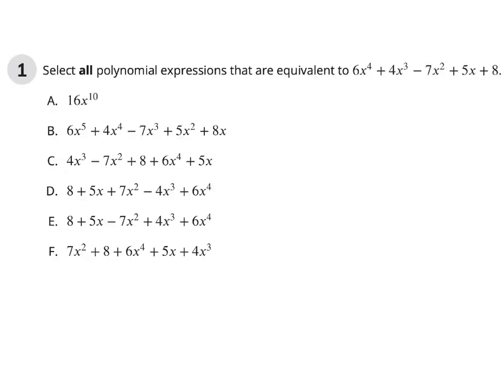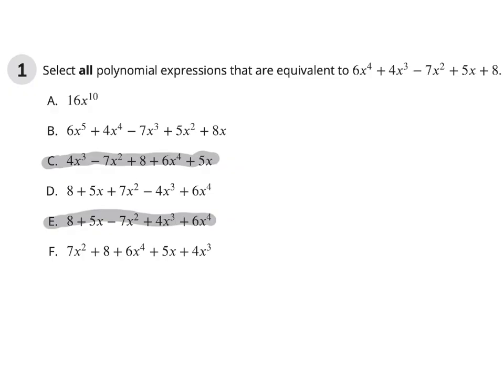Okay, select all polynomial expressions that are equivalent. So we come down, we look at what's equivalent. C has the same terms and E has the same terms. It does matter the order.